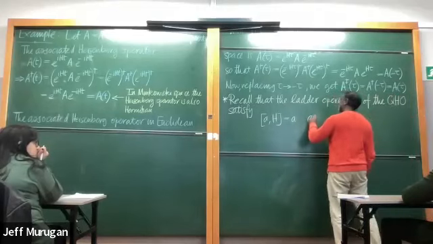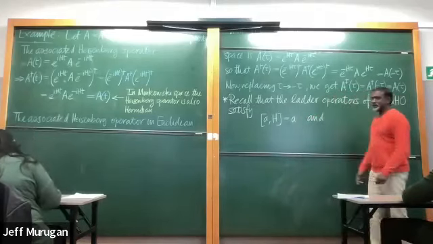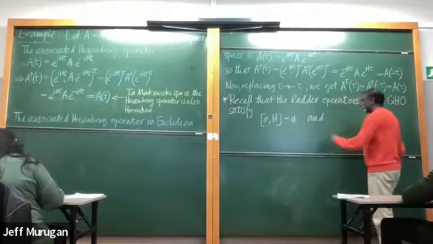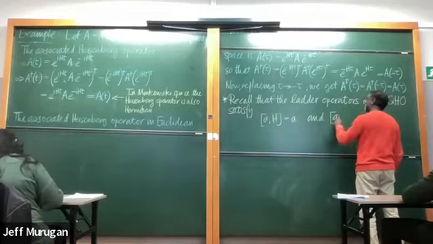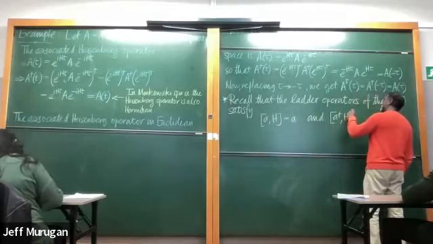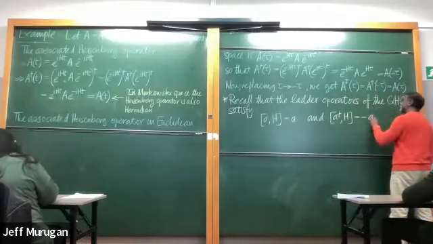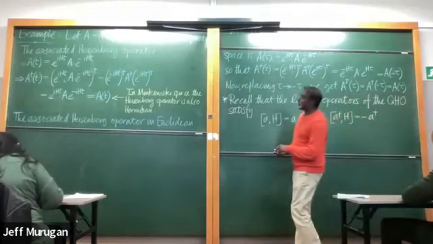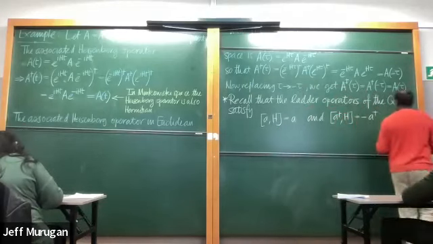Similarly, if I take the Hermitian conjugate of this, using properties of the dagger operation, I will find that the commutator of A dagger with H is minus A dagger.